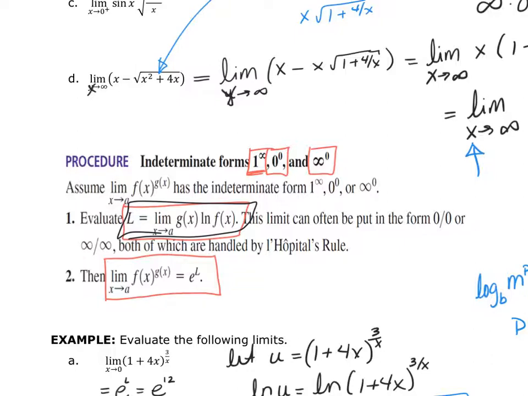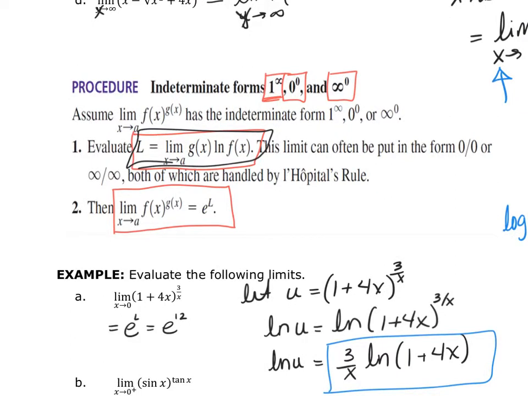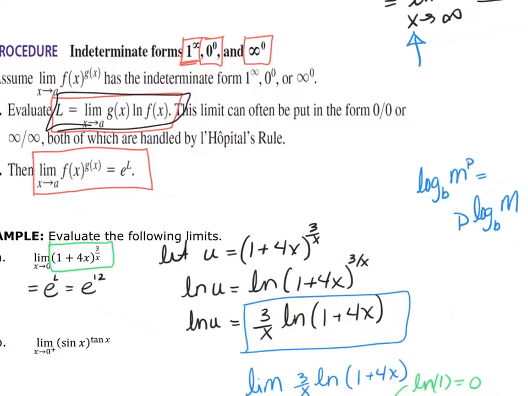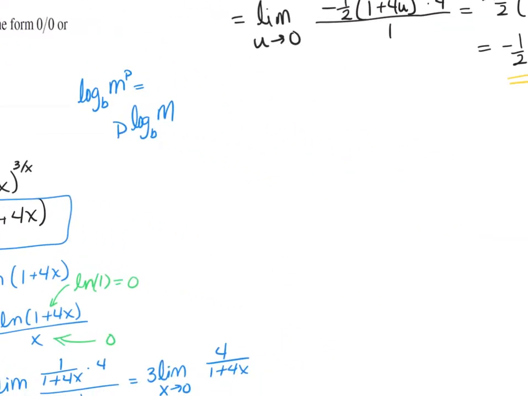Because my original function here, my f of x raised to the g of x, doesn't initially include e. So what I'm using is a rule that says if I have any number, say, let's do 3 to the x, I can rewrite this as a base e.